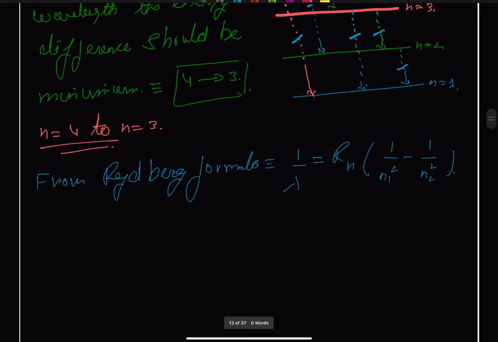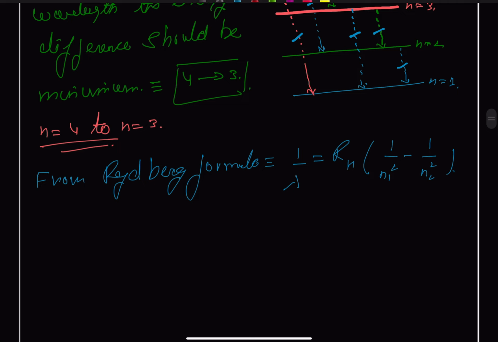So we already know, we substitute it and we get our 1 upon lambda is equal to 1.097 into 10 to the power 7, and we get this as 1 upon 3 square minus 1 upon 4 square. And from here we can say our value of lambda is close to 1875 angstrom.